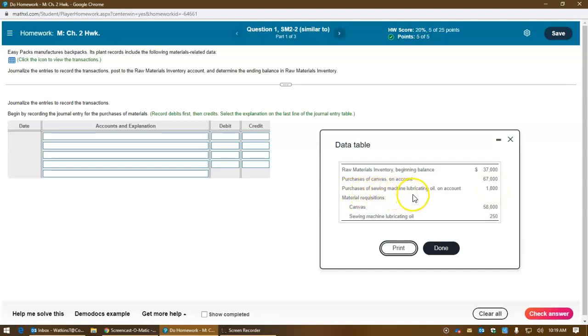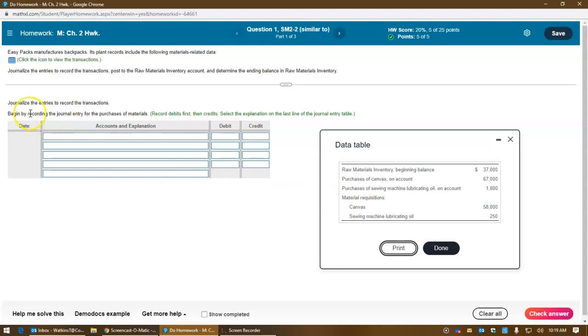Purchases of sewing machine lubricating oil on account, 1,800. And then it tells us some materials that were requested to be put into production. So managerial accounting, we are making the product that we're selling. So we've got to put all of these transactions into journal entries.